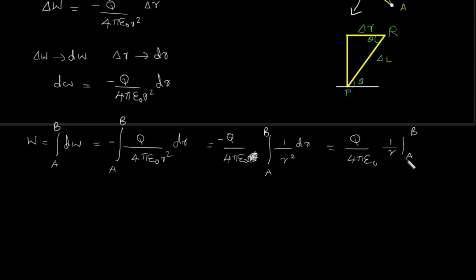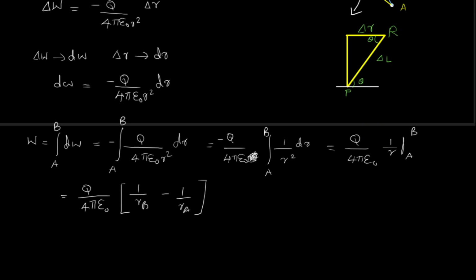So 1 by R can vary from A to B, that means at A, R is RA and at B, R is RB. So if I substitute that, I get the total work done as Q by 4 pi epsilon naught times 1 by RB minus 1 by RA.